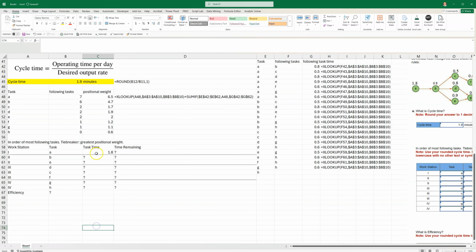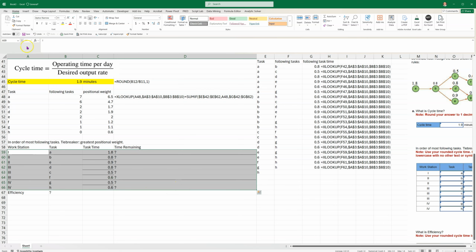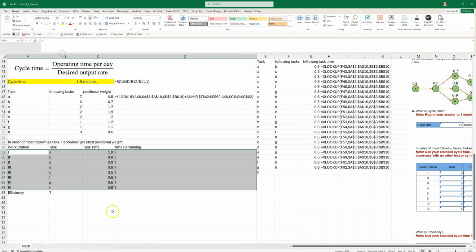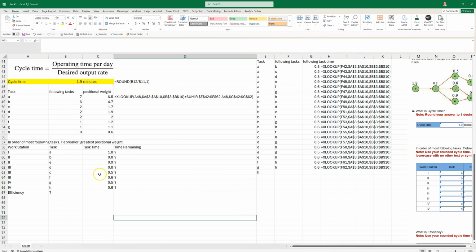So those numbers go in there like that. We can copy that down. Well, we got lines in here that we don't want, so we'll go no border. Okay, we'll put the lines in later.